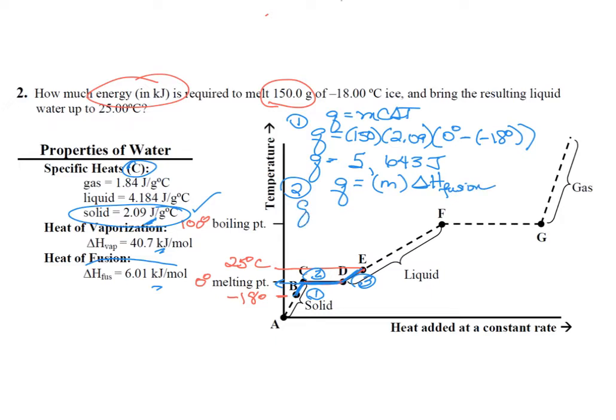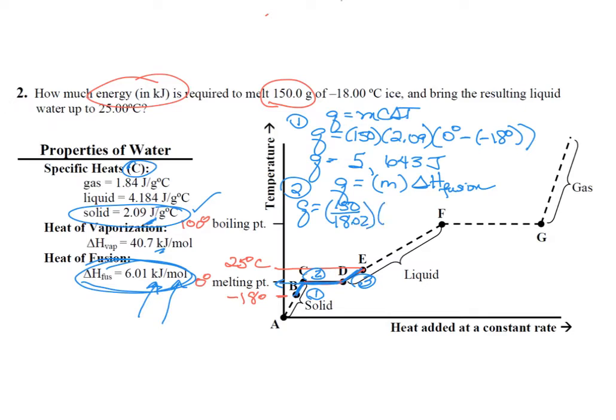All right, so plugging in the values. If you look at heat of fusion for water, it is in kilojoules per mole. So this quantity has to be moles. We have 150 grams of water. In order to get to moles, we divide by the molar mass of water, which is 18.02 grams per mole.